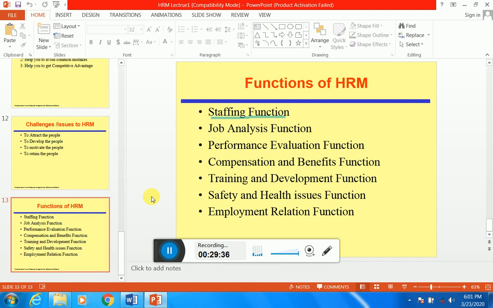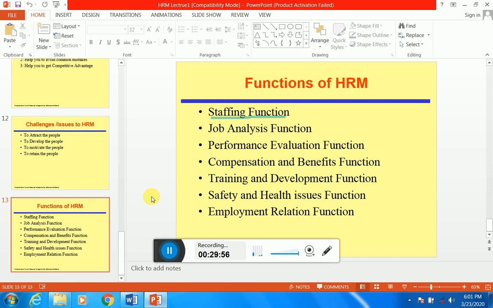The next is safety and health issues of HR. It is a major responsibility of human resource management to provide safety training to its employees, to identify and correct unsafe conditions, and to report accidents and injuries.